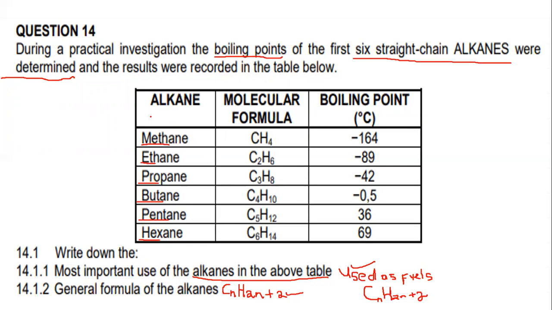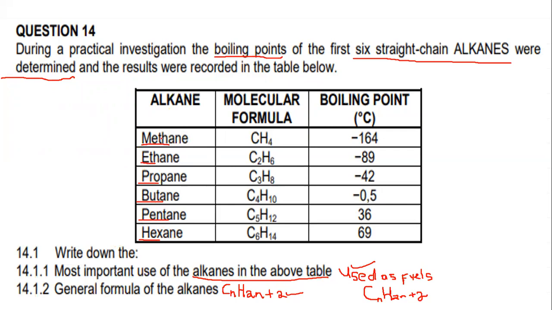Now, when I say anything that is changing, we are actually saying anything that you are changing personally, the person that is experimenting. So the person that is experimenting here started using methane, then used ethane, then propane, then butane, then pentane and hexane.